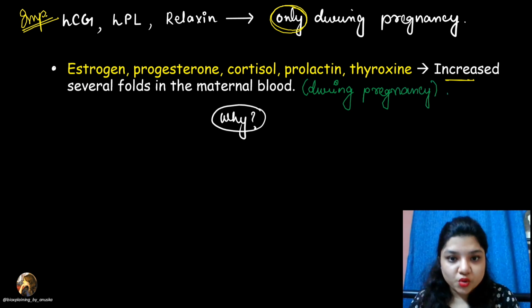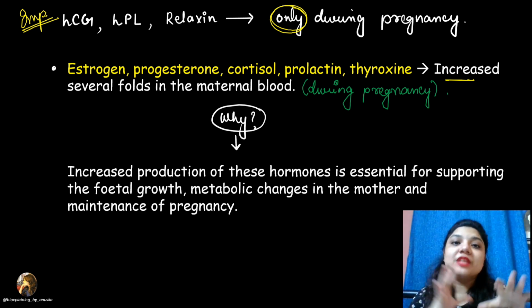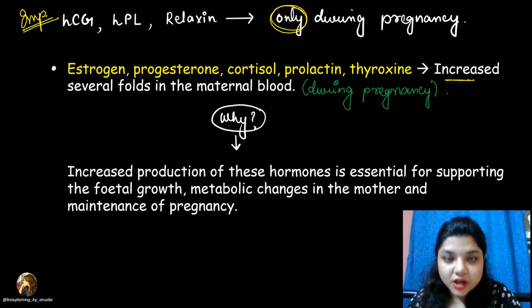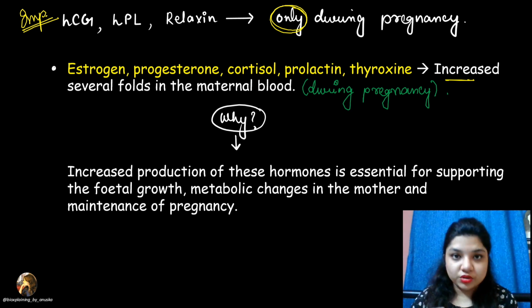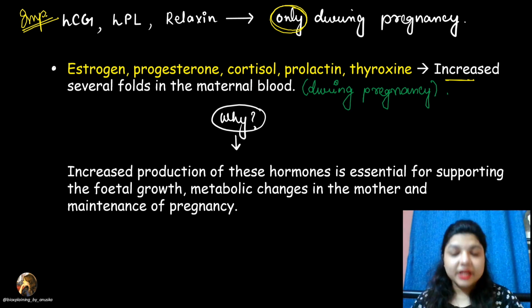Now, why is it so? This is because increased production of these hormones is essential for supporting the fetal growth. For the fetus to grow, all of these hormones are required in higher levels, right? Then the increased levels will also support the metabolic changes in the mother during pregnancy.